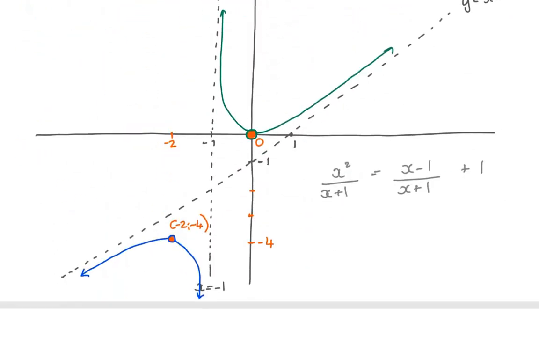Now where did that come from? I don't know if you remember the previous video on asymptotes, but that comes from the idea that you write x squared as x plus 1 times x minus 1 plus 1. And then what we go and do is we divide each term by x plus 1 to make it look like the graph.